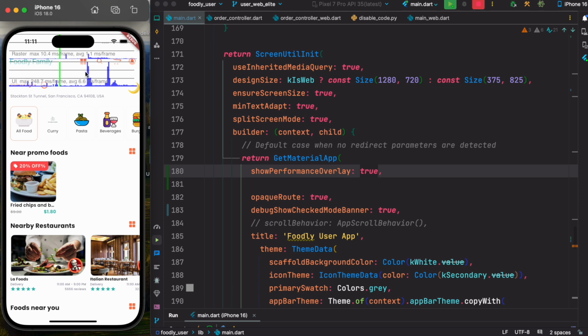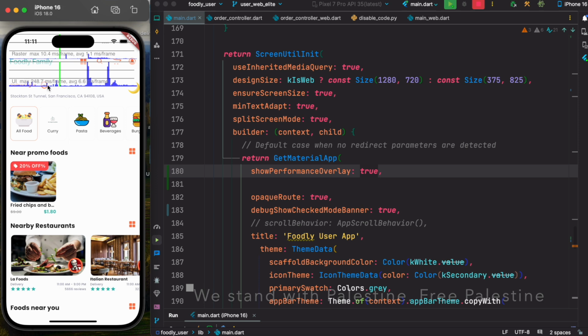So when we are here in our app, most probably we are showing this thing on the screen. That means before showing, we're building the widget tree. So the highest, maybe this one, is 248 milliseconds.